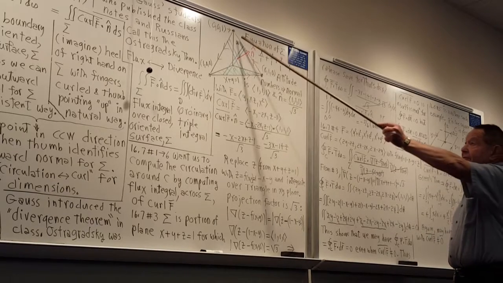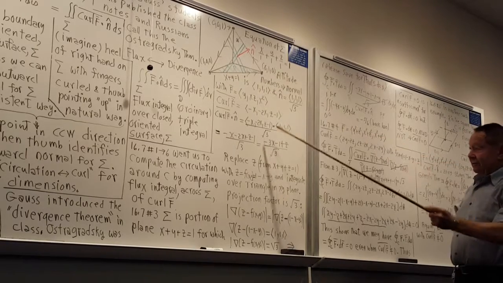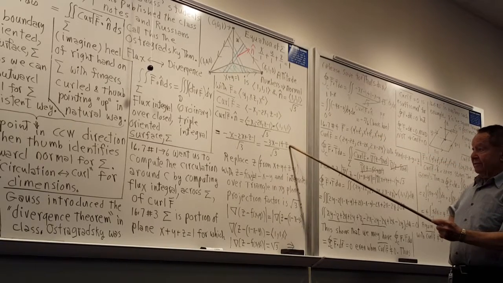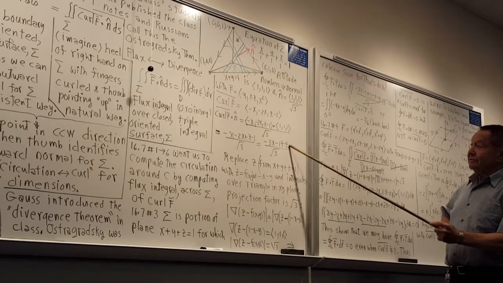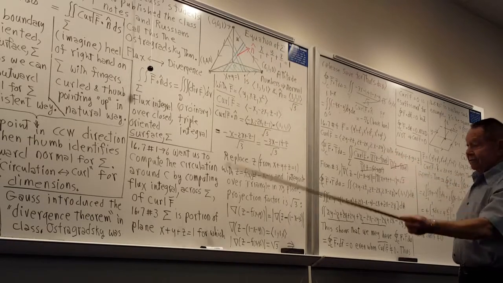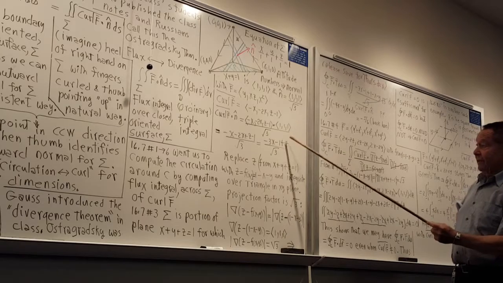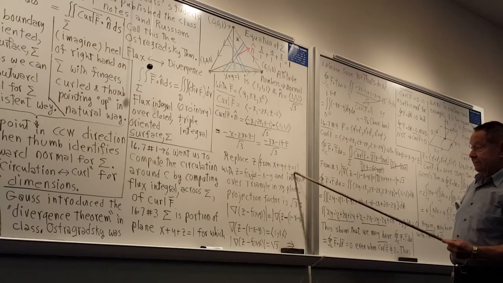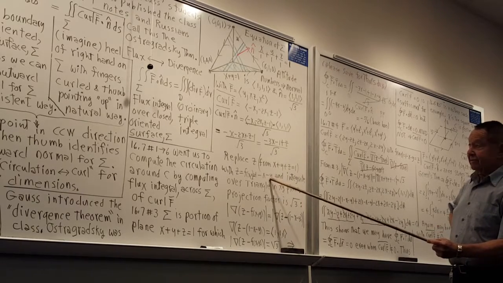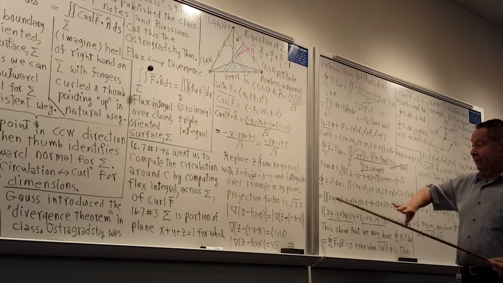Now, you're going to work this as a parameterized integral over this surface, so you solve the equation of your surface for z in terms of x and y, so that your parameters are x and y.